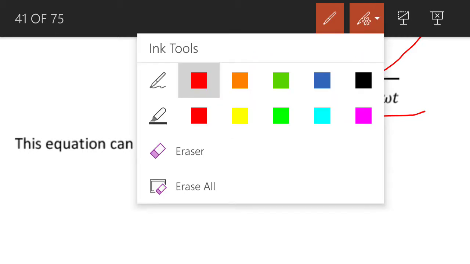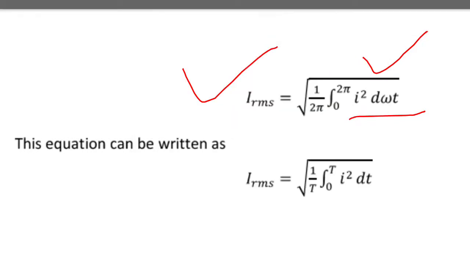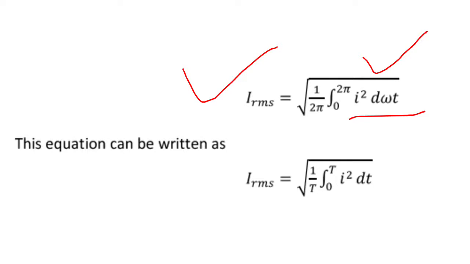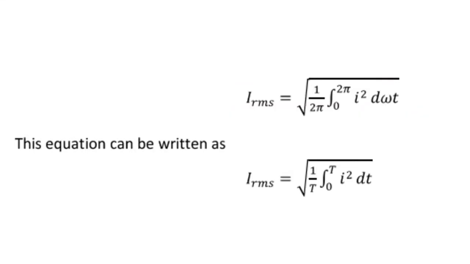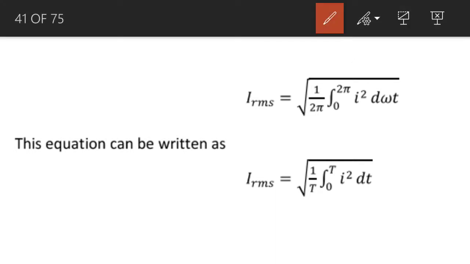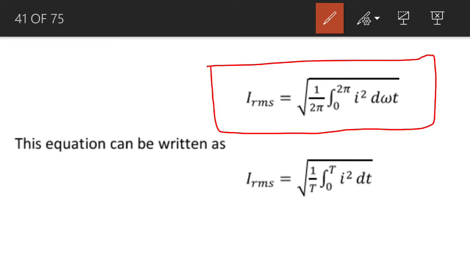So we can calculate the root mean square value of the time varying current with the help of this particular equation. If a current varies with respect to time, then we will use this equation to find out the RMS value of the time varying current.